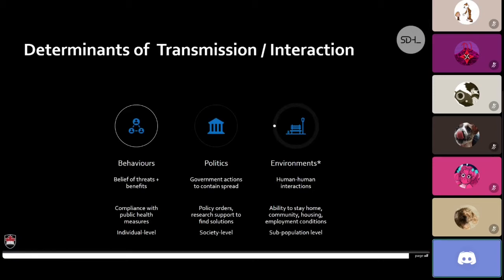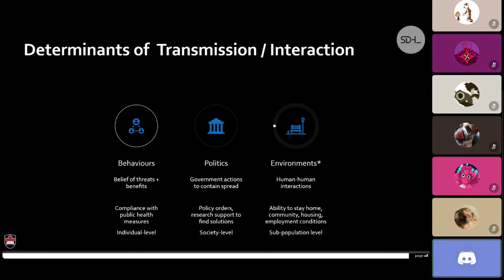And then there's also this policy and political dimension, which is what governments can do to contain spread. These can be things like stay-at-home orders, orders to close certain economic sectors, and the like.